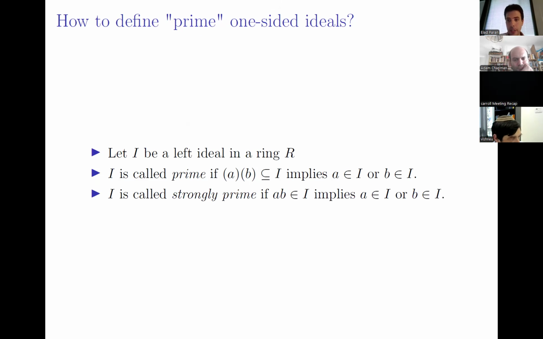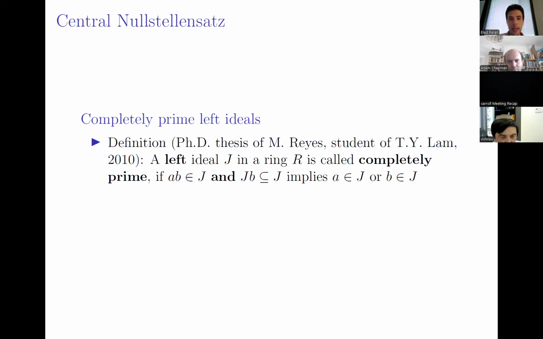But neither of these definitions is the one we worked with. The definition we want to work with is the following. We say that a left ideal J in a ring R is completely prime if whenever AB belongs to J and additionally J absorbs B from the right, then it follows that A belongs to J or B belongs to J. This is an odd-looking definition if you see it for the very first time.